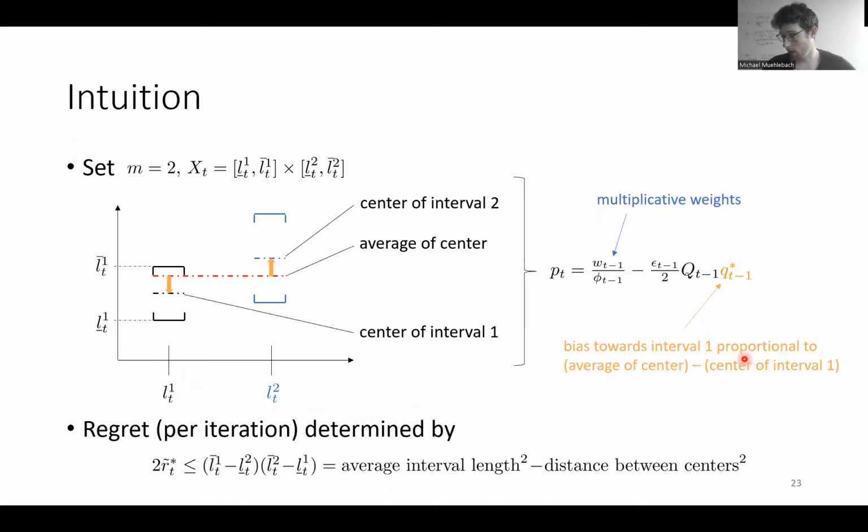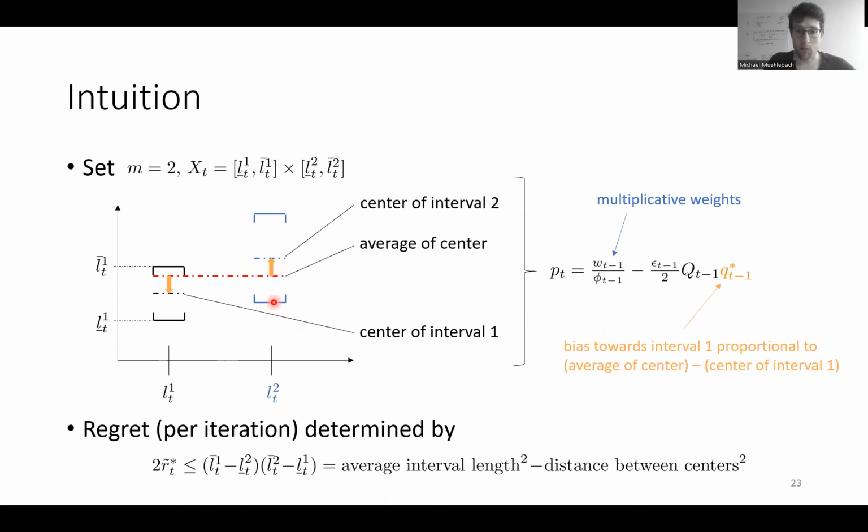Okay, and to give you some more intuition about how this algorithm works, of course, you have to look at the details in the paper. Here's a simple example where we just have two options, and already this setting is non-trivial, and the set XT is given by two intervals. The loss of option 1 is constrained to lie in this region here, and the loss of option 2 is required to lie in this region here.